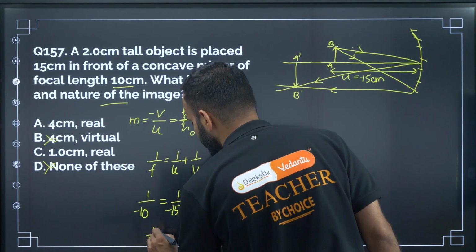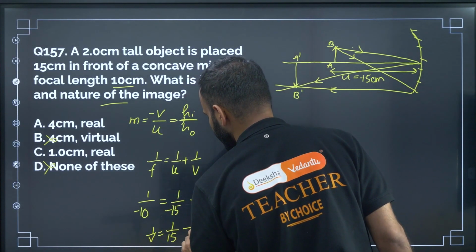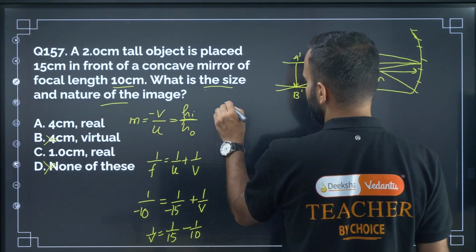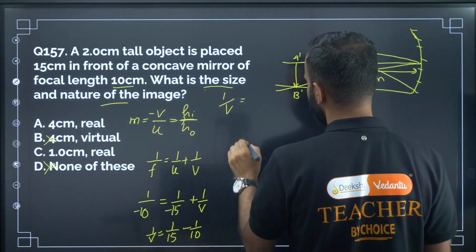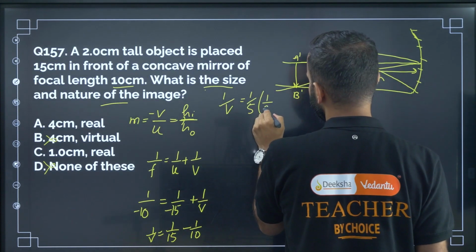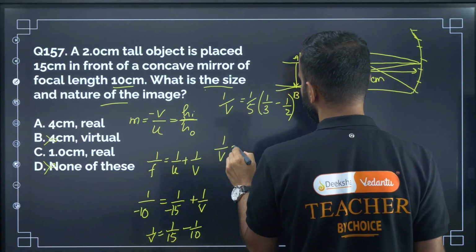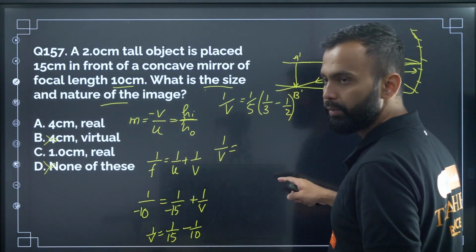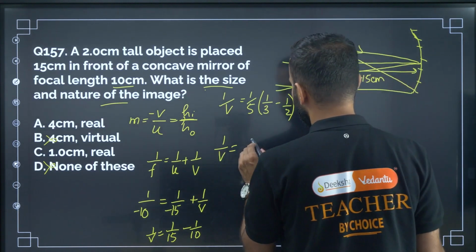Now, 1 by V is equal to 1 divided by 15 minus 1 divided by 10, right? Now, 1 divided by V is equal to, take 1 by 5 as common. Now, this will be 1 divided by 3 minus 1 by 2. Now, 1 by V is equal to, here 1 by 3 minus 1 by 2 is minus 1 divided by 6, right?